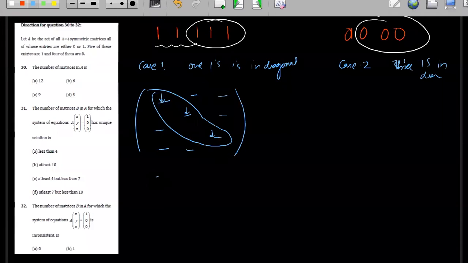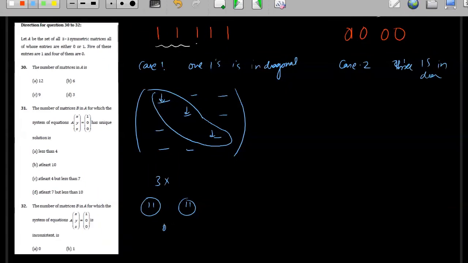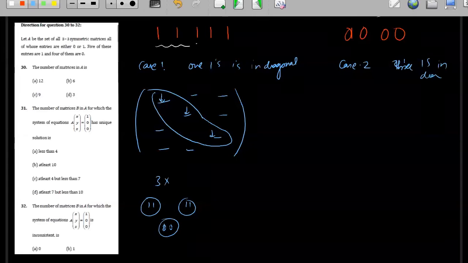So 3 options, 3 possibilities, right? Now how many pairs of 1 are left? If one pair is already used, then 0 will be filled in all the other places. So you are left with 2 pairs of 1 and 1 pair of 0. So now you have 3 places.